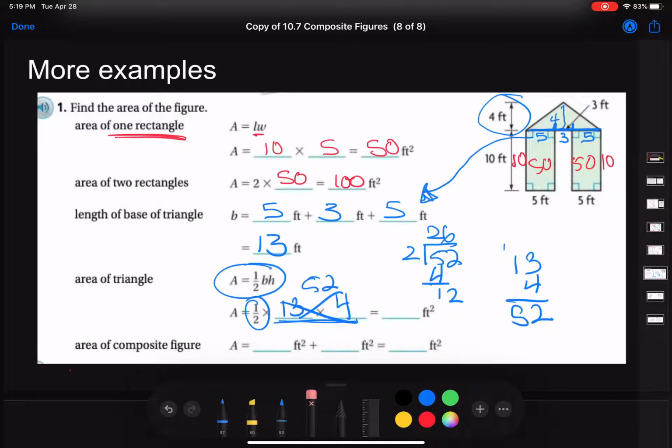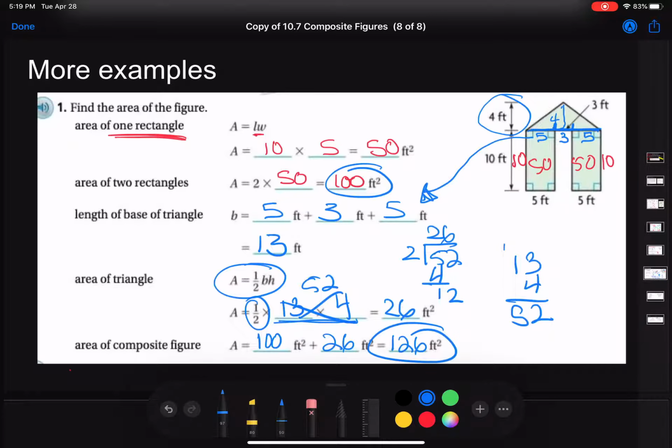Oops, I turned my eraser on. I do that sometimes. Okay, so you get 26. So now, go back. What's the area of your 2 rectangles? It's right here. So you're going to put 100. And then you have the area of your triangle, 26. So you're going to get 126 as your final answer.